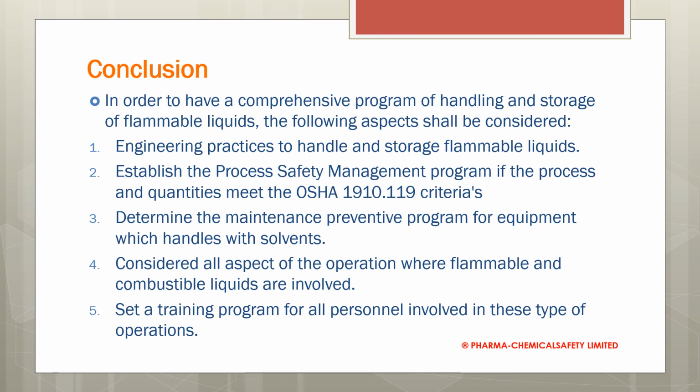Consider all the aspects of operations where flammable and combustible liquids are involved. Set a training program for all personnel involved with this type of operations. In summary, if you review the PSM regulation and you are above those quantities or you meet the criteria, now you need to set up a process safety management program. That now has 20 elements.